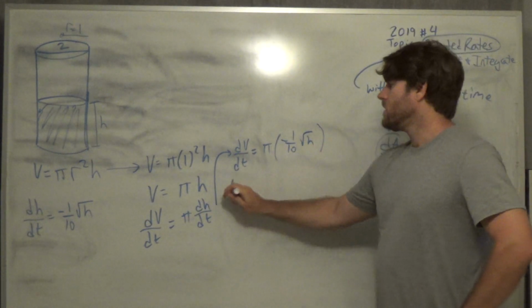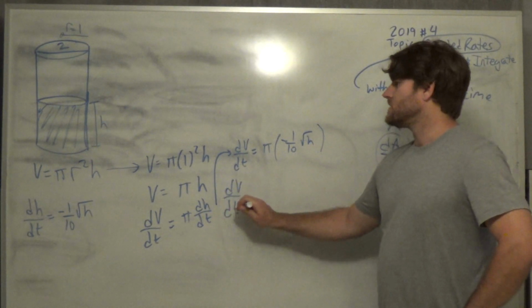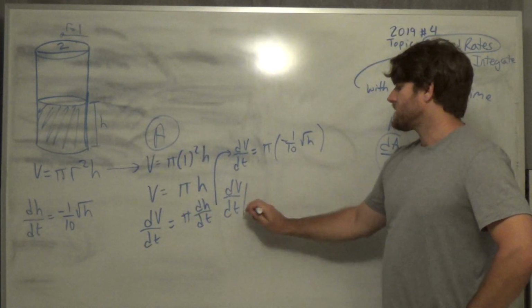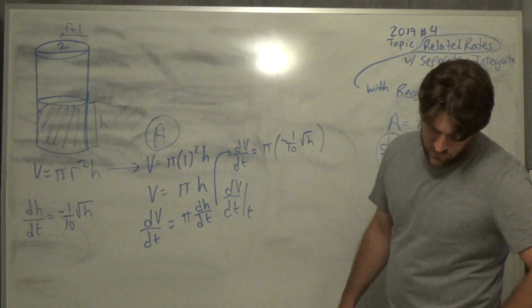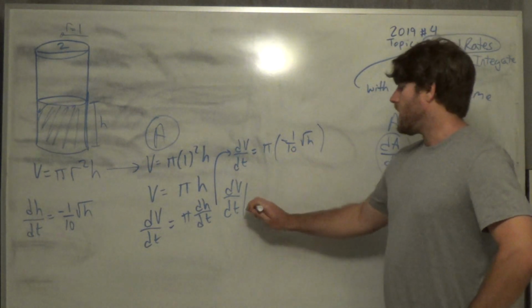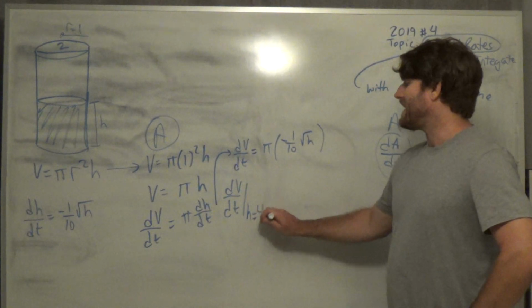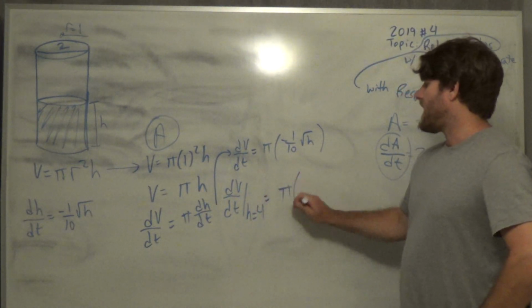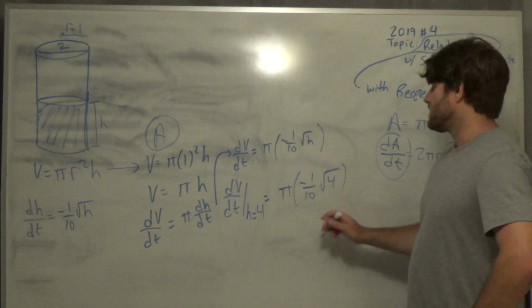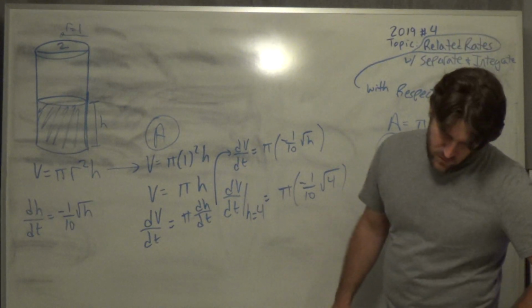And they want to know the rate that the volume is changing with respect to time at, is it time equals 4? No, when the height of the water is 4. It can't be time equals 4. There's nowhere to put the 4 for t. It's when the height is 4. So the answer is pi, negative 1/10, and then you just put a 4 in here. And that's your answer.